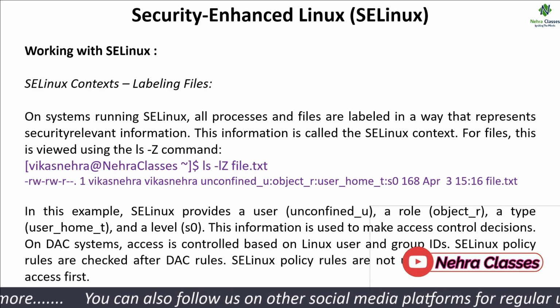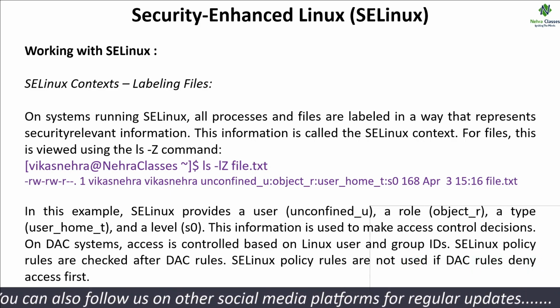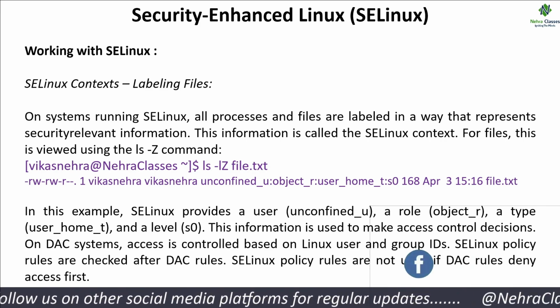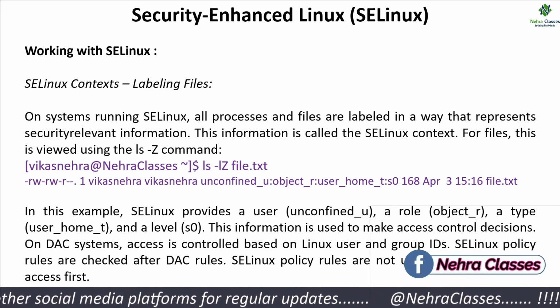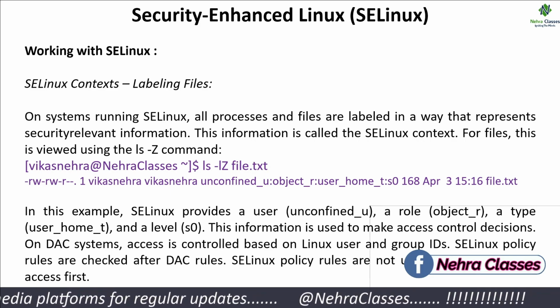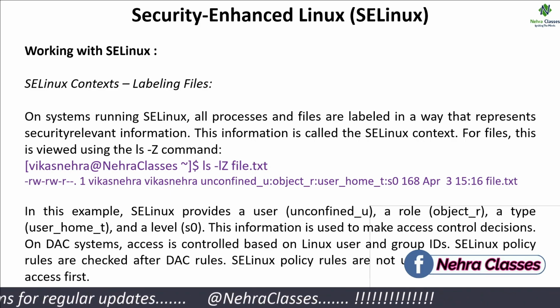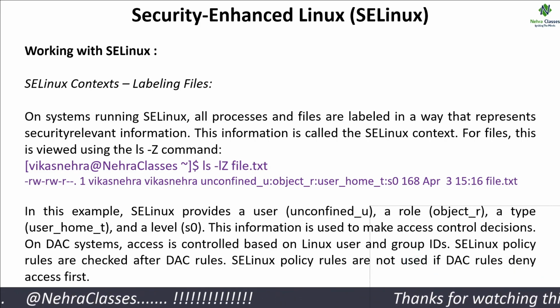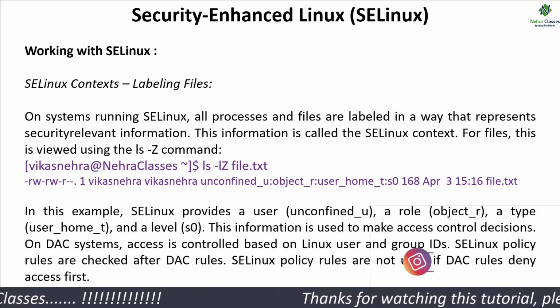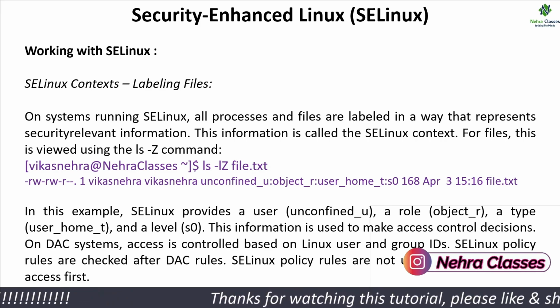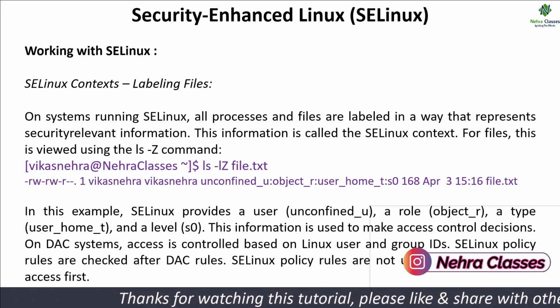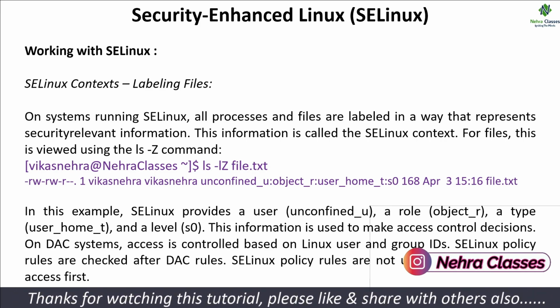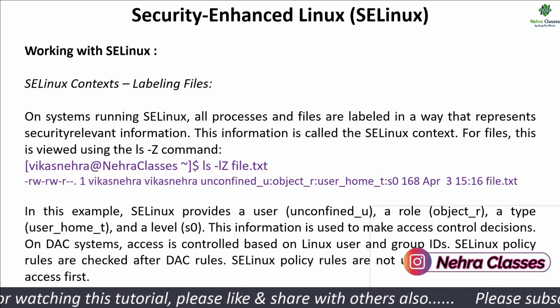On a discretionary access control system, access is controlled based on the Linux user and group IDs. SELinux policy rules are checked after the discretionary access control rules. SELinux policy rules are not used if the discretionary access control rules deny the access first, as I told you in the very first session as well.